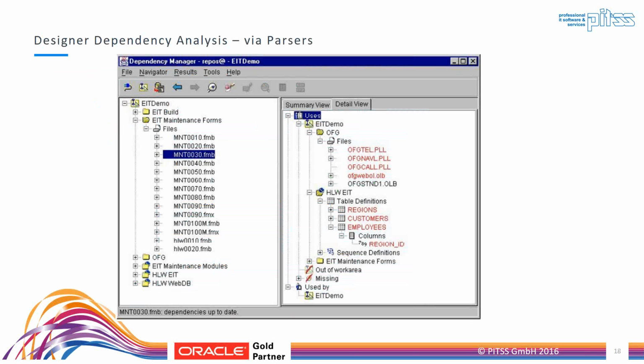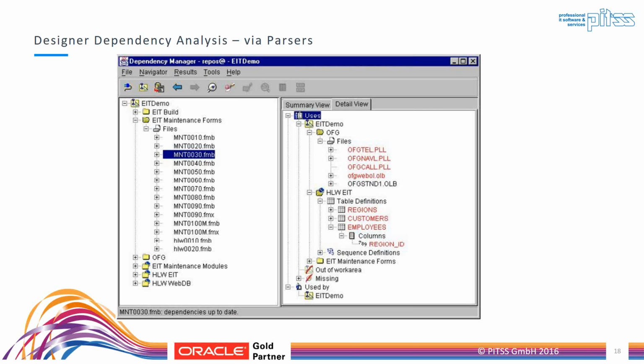Then we have Designer Dependency Analyzer. This was an extra tool that came along and will tell you what's within a form, how it's structured, what it's dependent on. Obviously, a form quite often is dependent on procedural libraries, object libraries, etc. So it gives you a lot more detail of usages of these things.